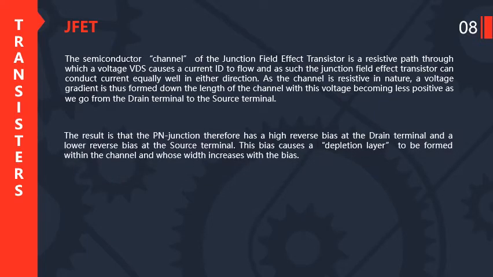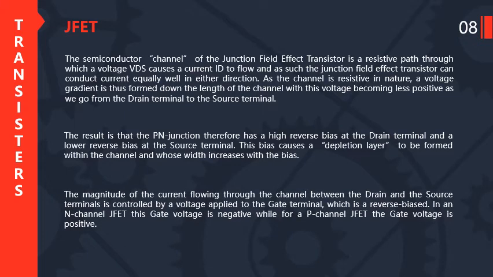The result is that the PN junction therefore has a high reverse bias at the drain terminal and a lower reverse bias at the source terminal. This bias causes a depletion layer to be formed within the channel and whose width increases with the bias.